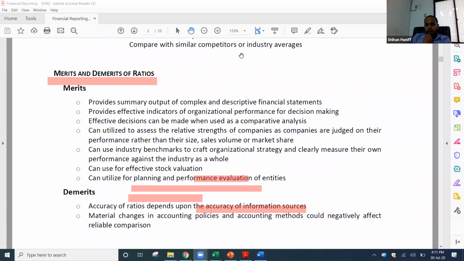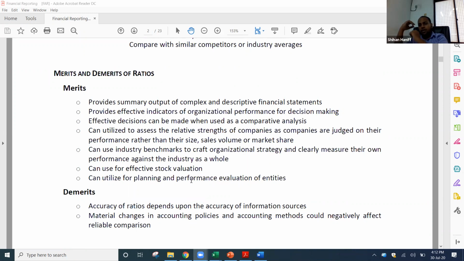Then the advantages and disadvantages, right? When you look at the complete financial statement, it's very difficult to understand at first if you have only the income statement and statement of financial position. But when you have ratios, it's very clear.